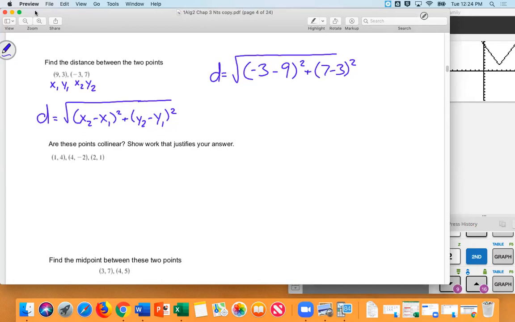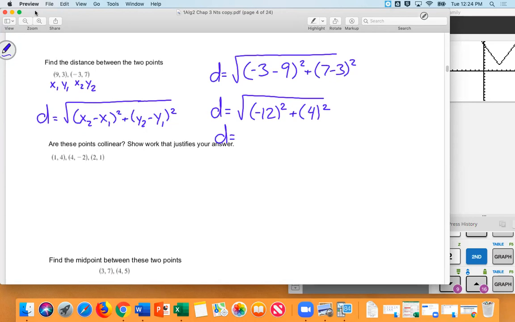Now, here, step 4 was what, Leah? You remember? Yeah, we're going to solve and simplify here. So I get d equals the square root, -3 minus 9, that's -12 squared, plus 7 minus 3 is 4, so we have 4 squared.